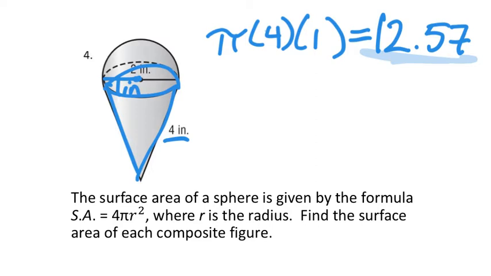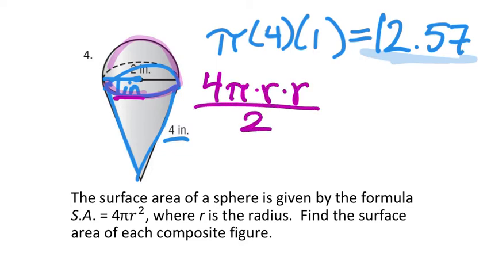Next up, we have this half sphere, this hemisphere right here. So that would be, and again, we've shown the radius of 1 inch. So the surface area for a sphere is 4 times pi times radius squared. But we're looking at half of a sphere, so we're going to divide that by 2. All right, and the radius we know is 1 inch.